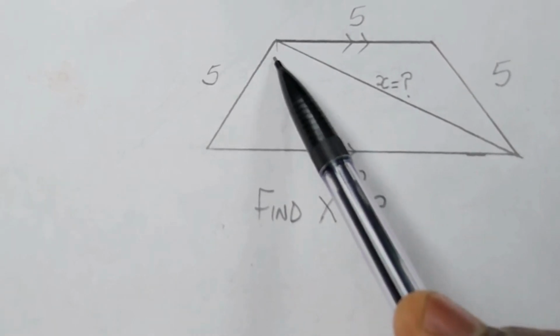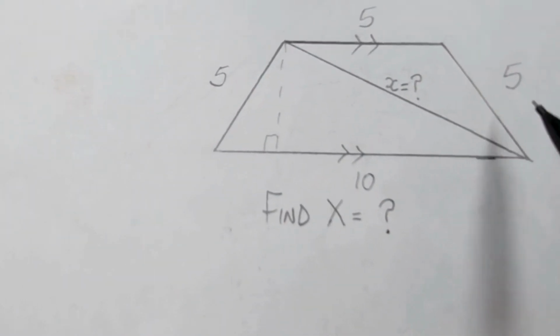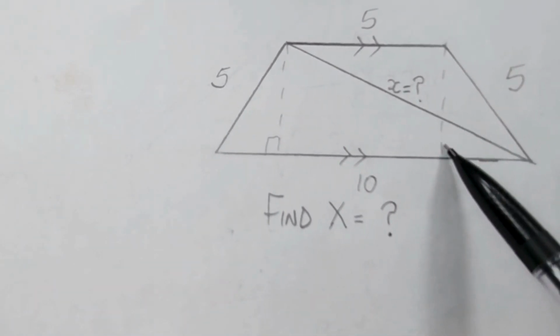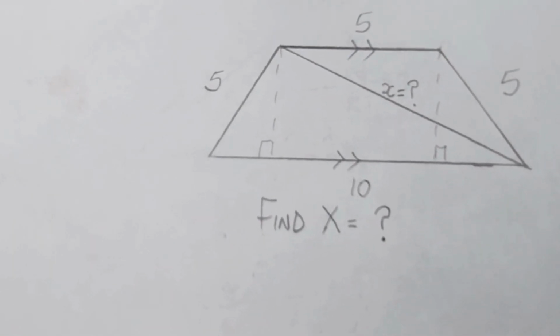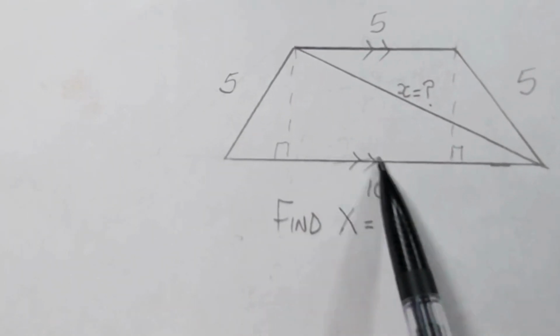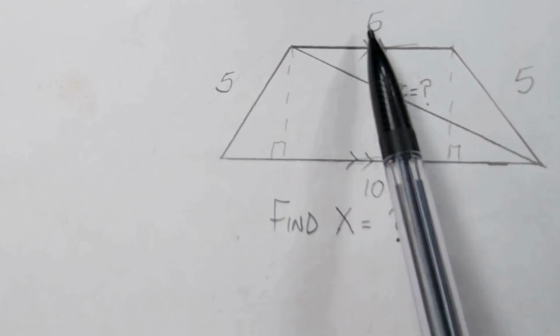Now we can draw a straight line. That's 90 degrees. We can draw another straight line from here down. That's another 90 degrees. Now, because these lines are parallel, this is 5 here.